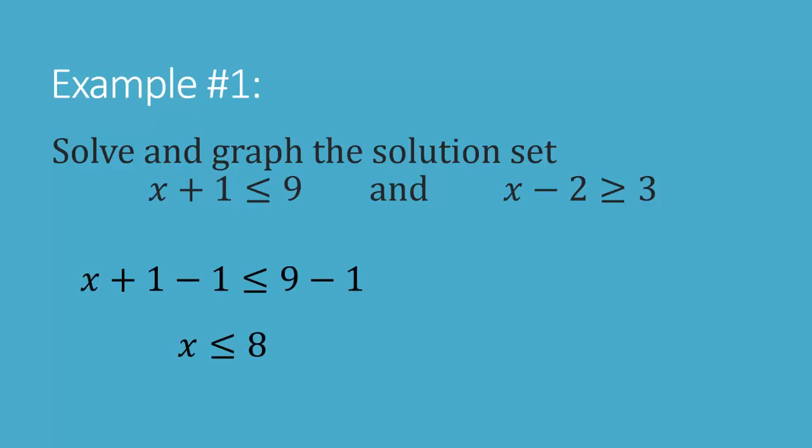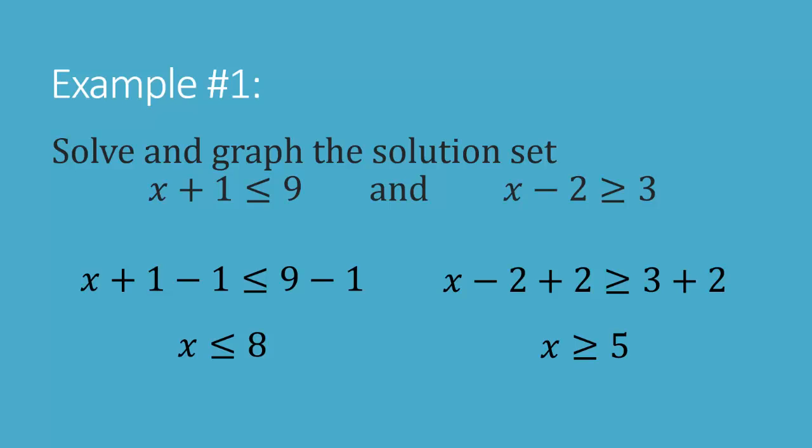We subtract 1 from both sides, and we get simply x is less than or equal to 8. Now we look at the next one, and adding 2 to both sides, we get x is greater than or equal to 5. So what we are looking for is the set of all x's that are less than or equal to 8 and x's that are greater than or equal to 5.